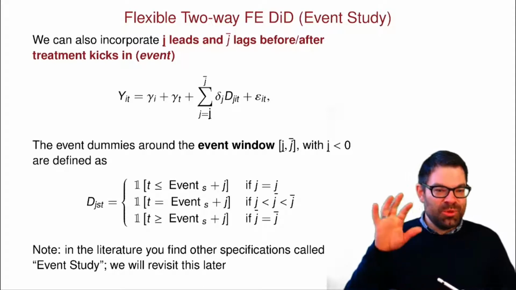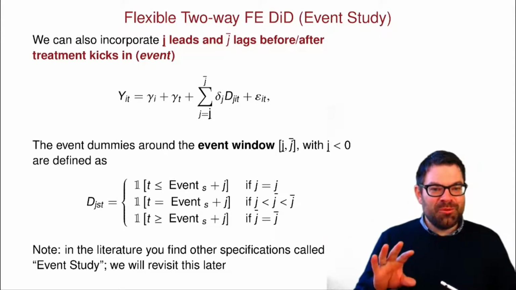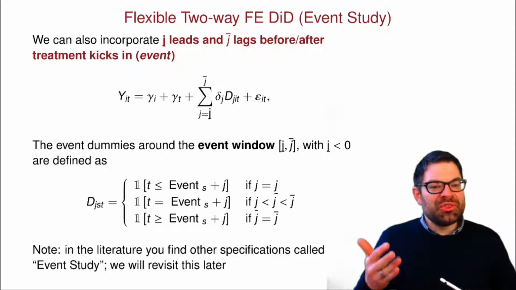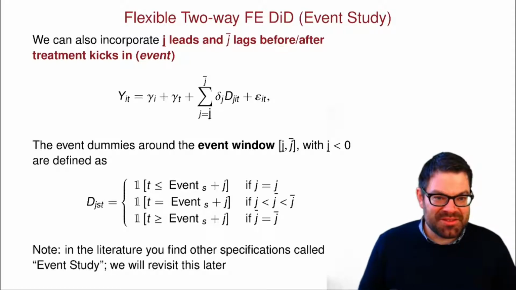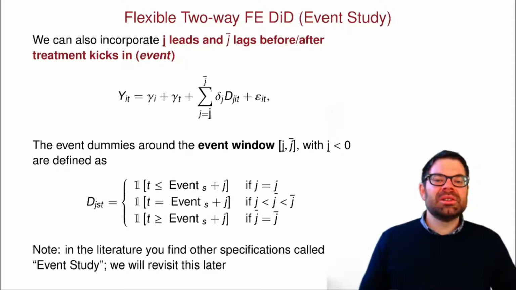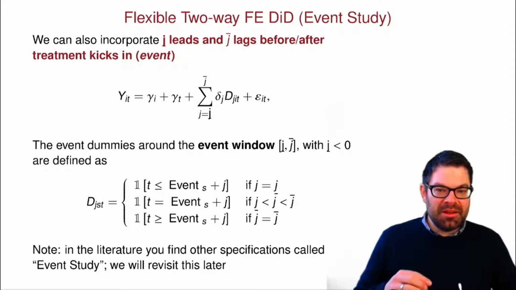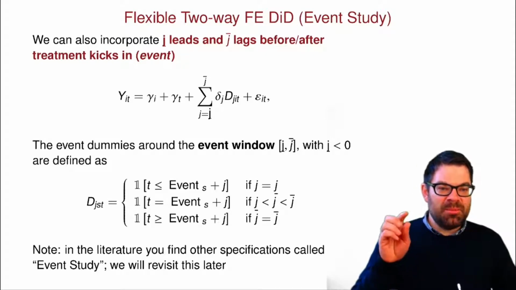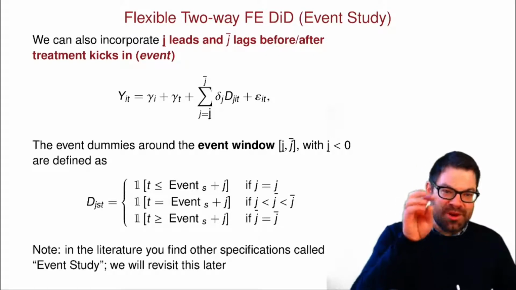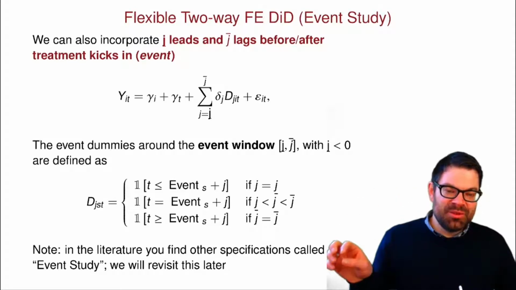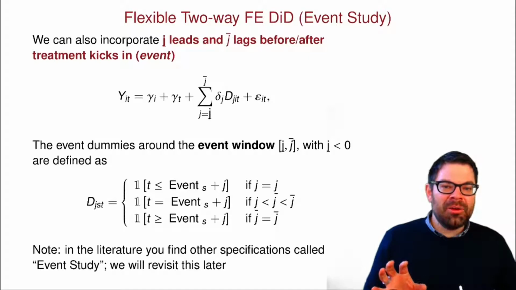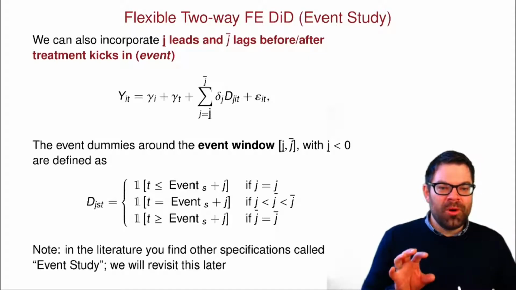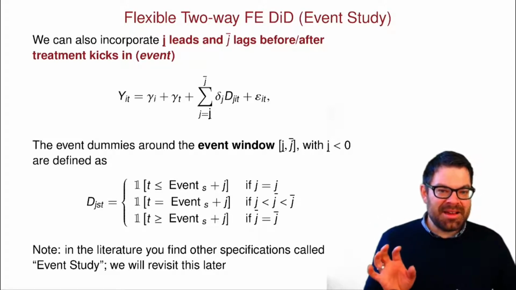We can also do the same before those states have been treated, which potentially can tell us something about the violation of the parallel trends assumption. So rather than having just a post dummy that equals 1 if you're after the treatment and 0 if you're before, you now have dummies for so-called leads and lags.